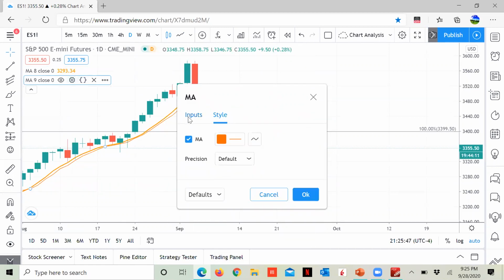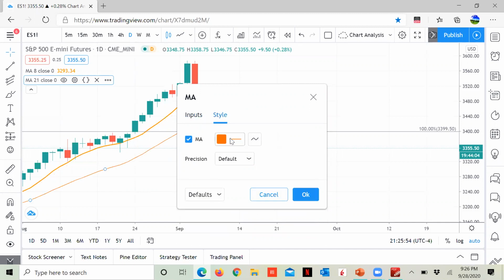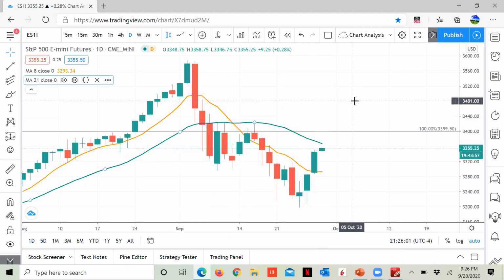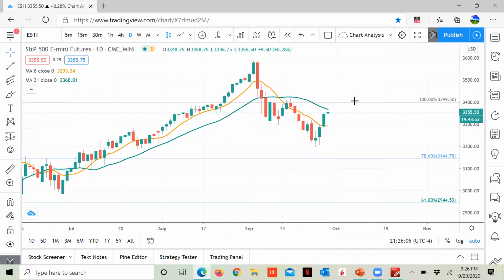I'm clicking on the inputs, making it 21. I'm just changing the style, making it dark green. All right. So this is an 8 day, the orange one. The green is a 21 day moving average. Again, moving average is the average of whatever the duration is.